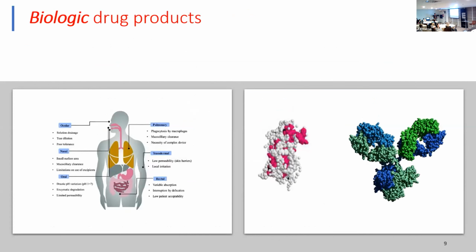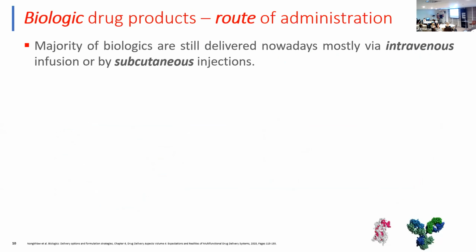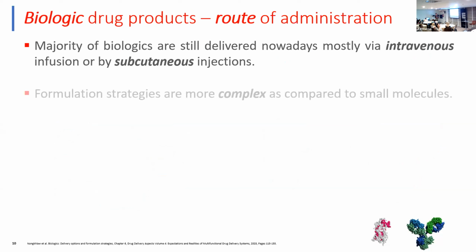So let's talk now about routes of administration, and regarding patient centricity, what would be the best route considering the patient's needs and all the challenges that we have with formulating biologic drug products. As we are all aware, the majority are still delivered nowadays via IV or subcutaneous injections, because formulation-wise, the molecules are more difficult to formulate compared to small molecules.